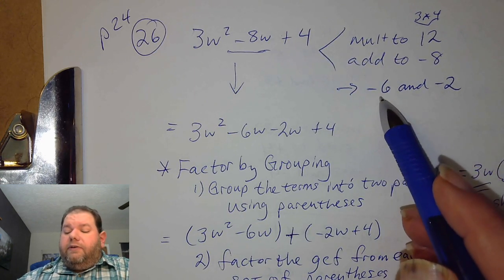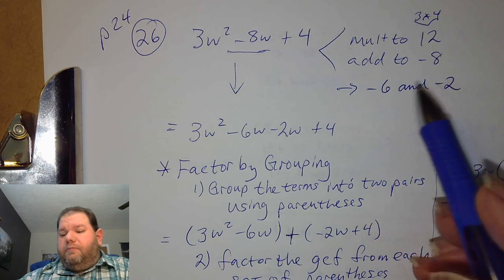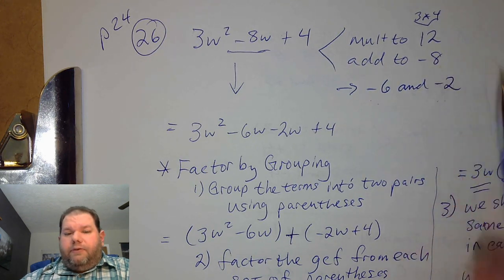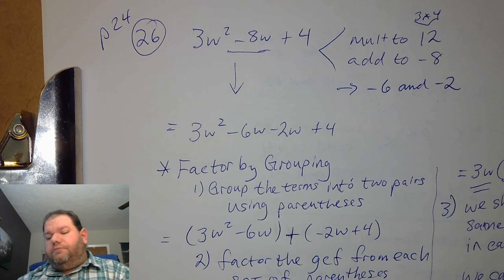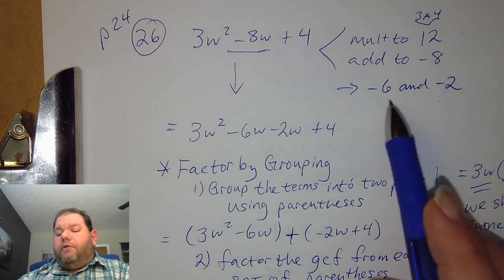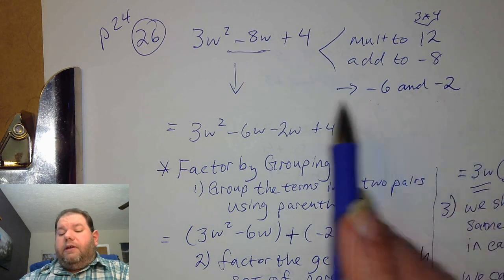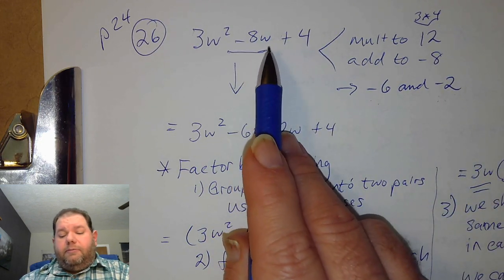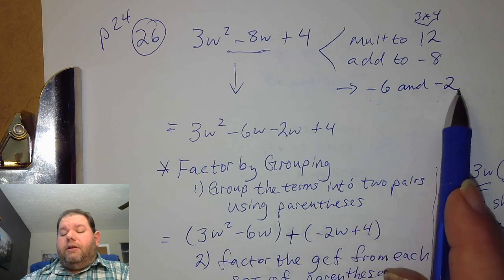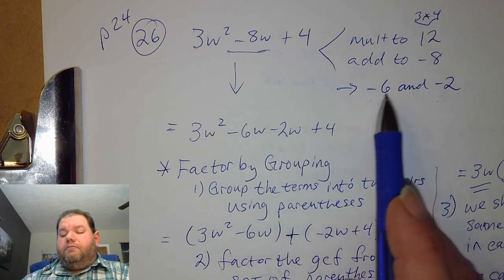And we decided that was -6 and -2. -6 times -2 is 12. Adding them equals -8. So, when we figure out what those two numbers are, that's how we split up the middle term, the -8w. We split it up into -6w and -2w, like we see here.